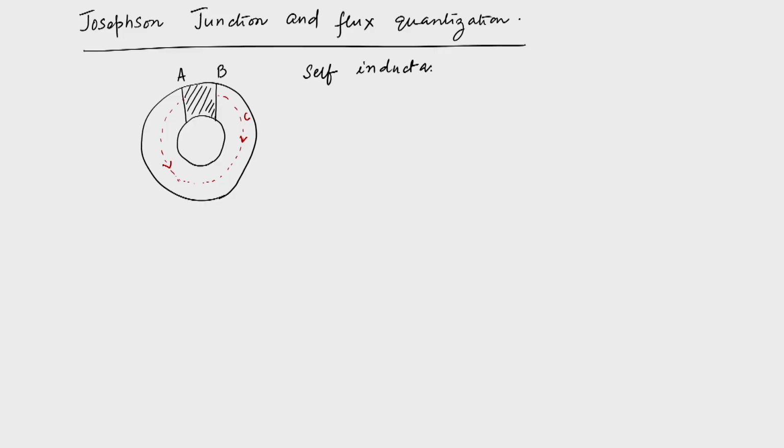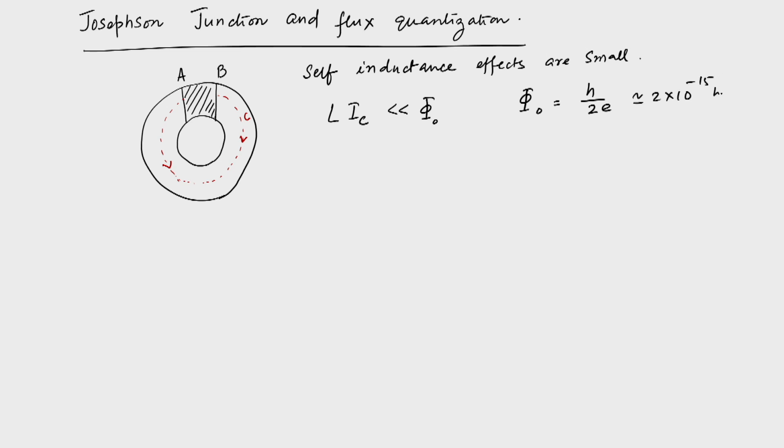What we mean by this is the following: L I_C is much smaller than phi naught, where phi naught equals h over 2e, and its value, you know, is 2 into 10 to the power minus 15 Weber.